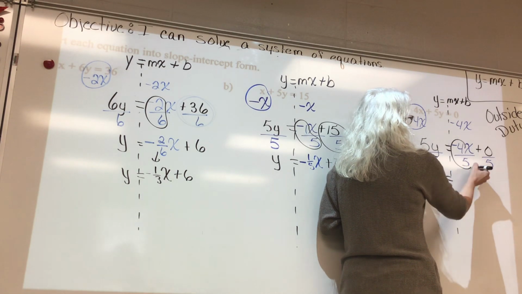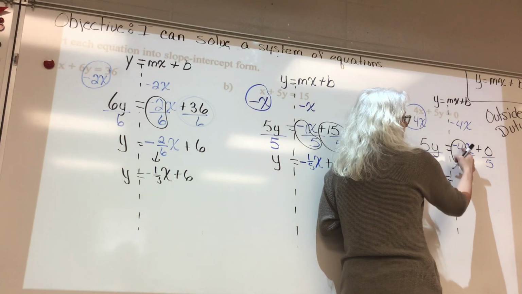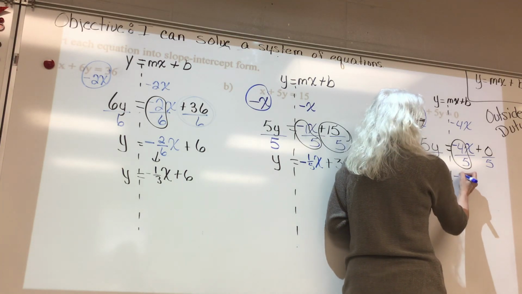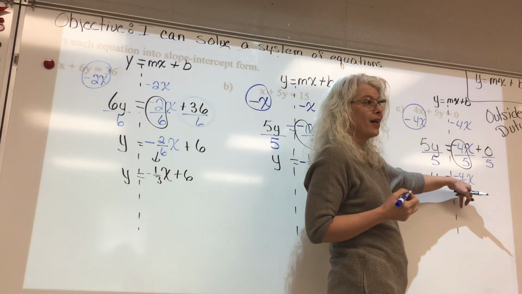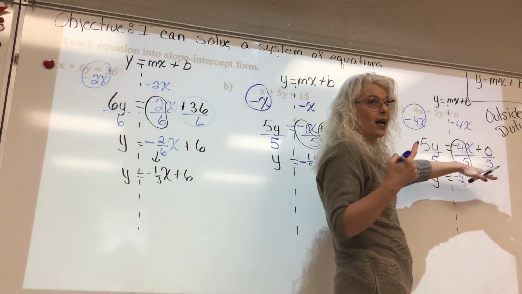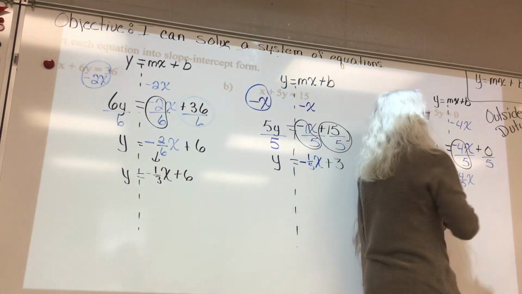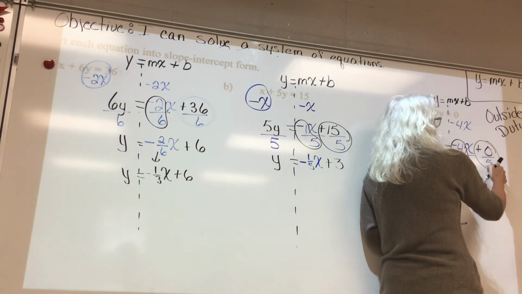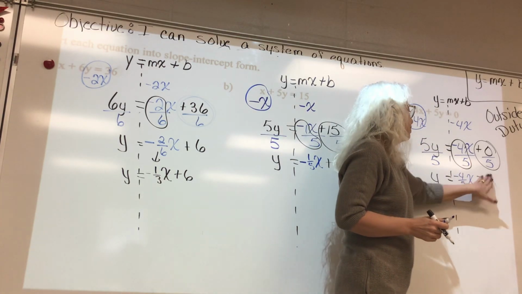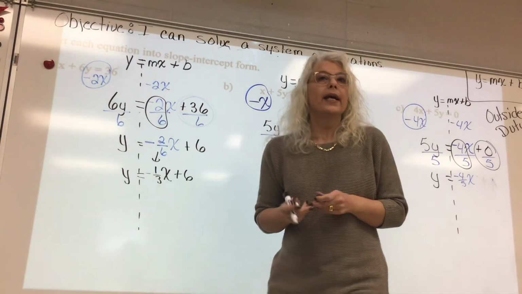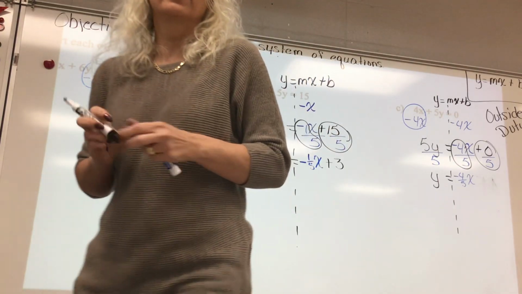This is a decimal, so I'm gonna leave it as -4/5 x. Remember, if you wanna change that to a decimal, just take the top number, divide by the bottom. +0 divided by 5 is 0. And again, you don't have to write that. Any questions on that?